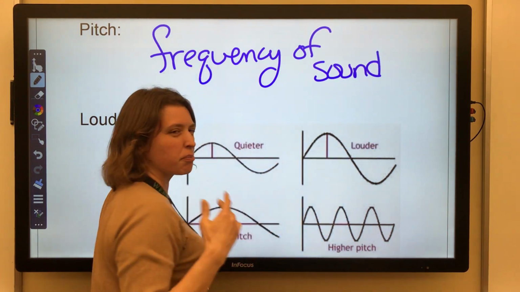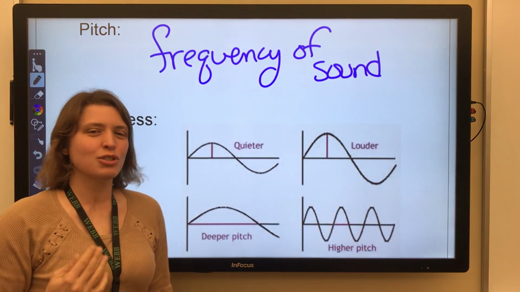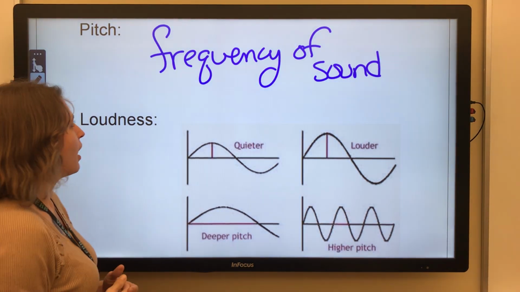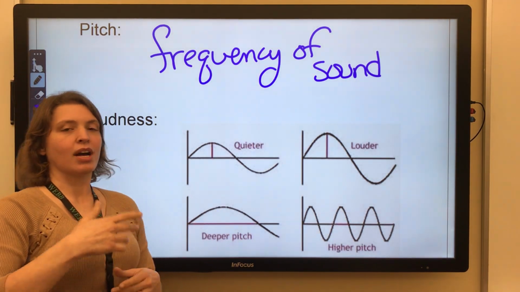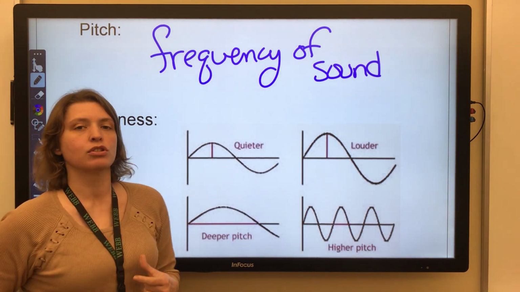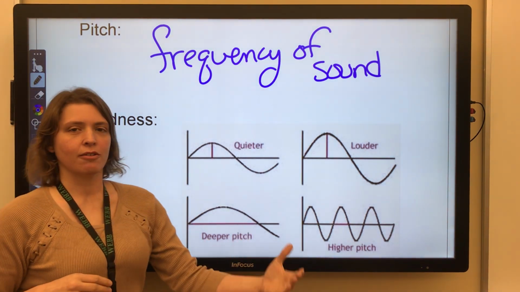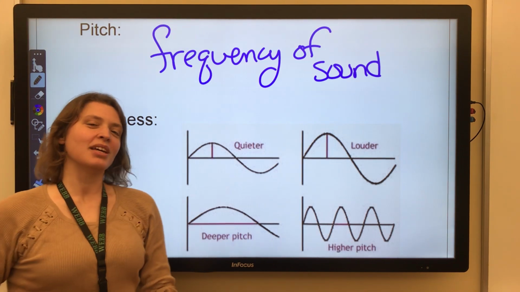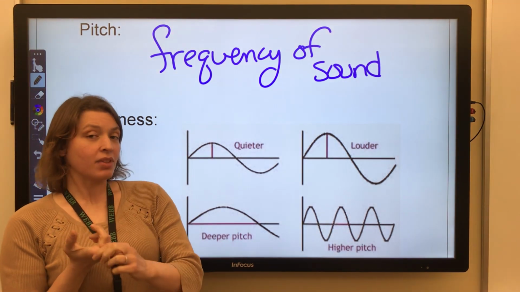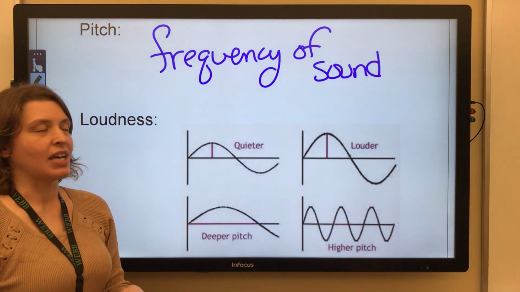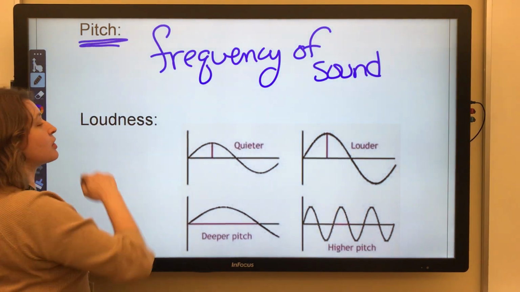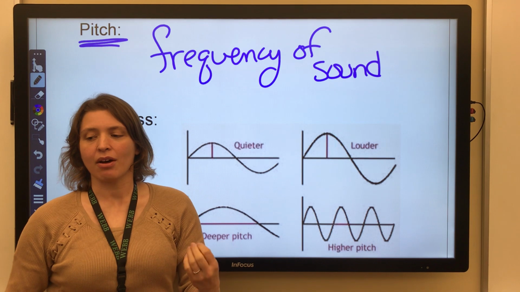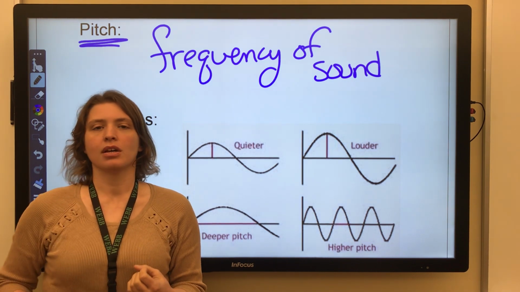We don't use the word pitch when talking about an ocean wave, but we could use the word frequency to describe an ocean wave, a wave of people sitting in a stadium putting their arms up in the air, a wave of light, or a wave of sound. Pitch is a specific term for how the human ear perceives the frequency of sound.